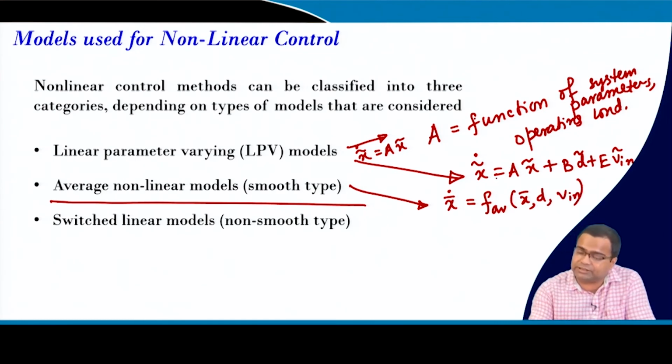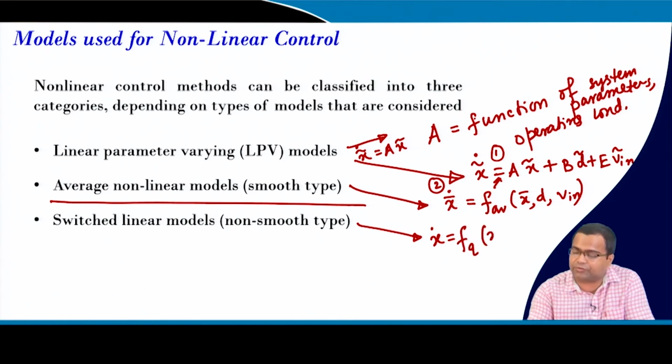So, what is the difference between these, the first one and the second one? And what is the third one? The third one is x dot, which is the actual switching converter.